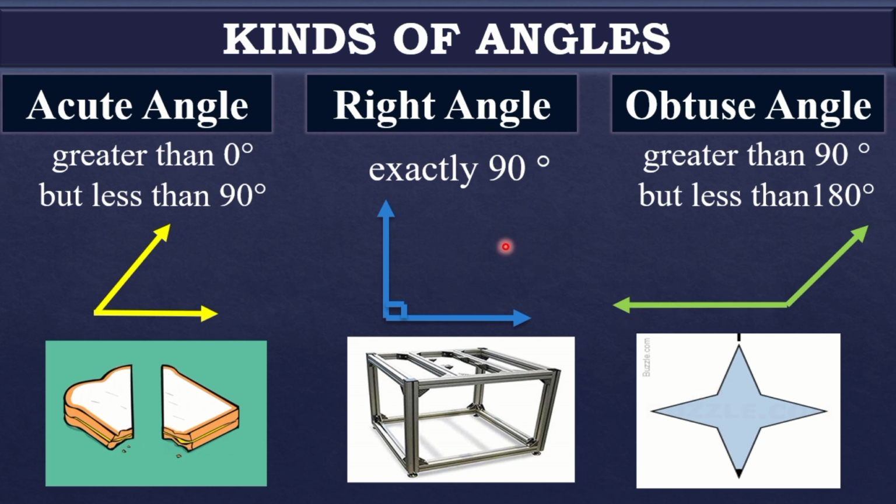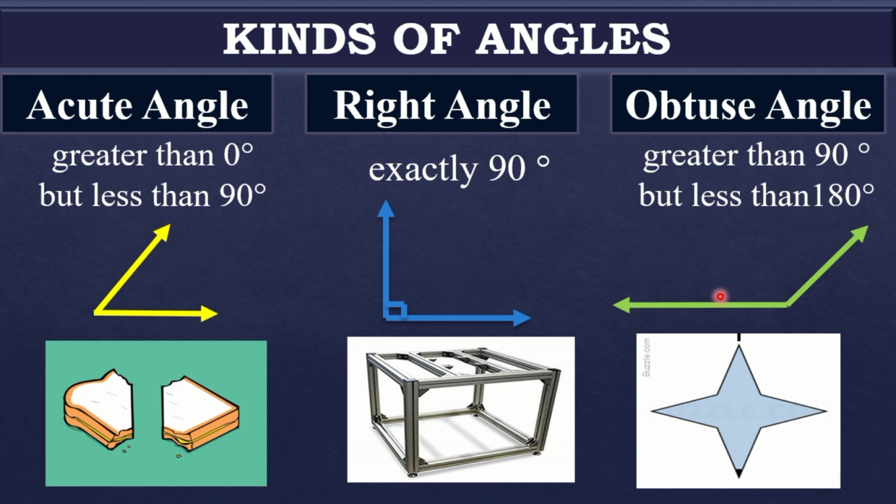Okay? So, paano natin madaling makikita na ang kinds of angle is acute, right, or obtuse? So, kapag nakita nyo, para siyang L, that is 90 degrees. Right yun. Okay? Lalo na kung meron siyang foot. Now, kung mas maliit siya dito, halimbawa, ito, ayan, mas maliit siya dyan, acute lang yon.